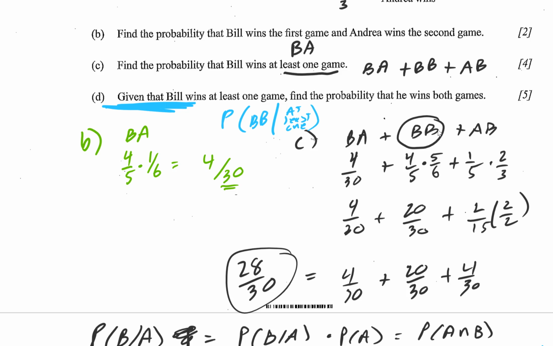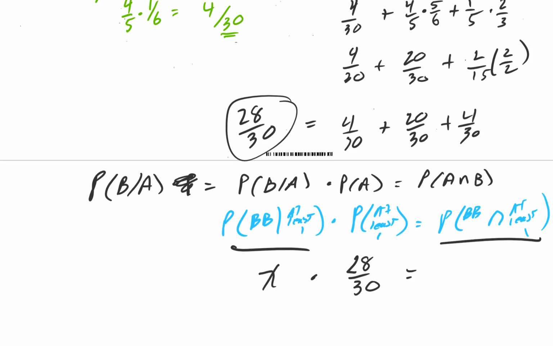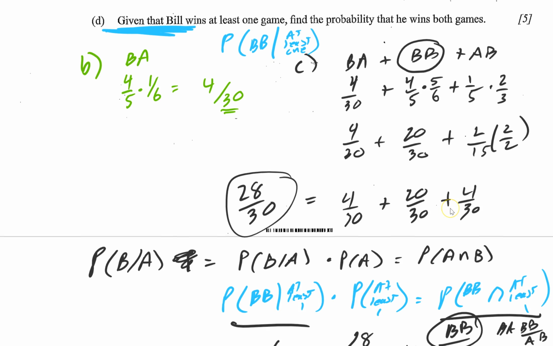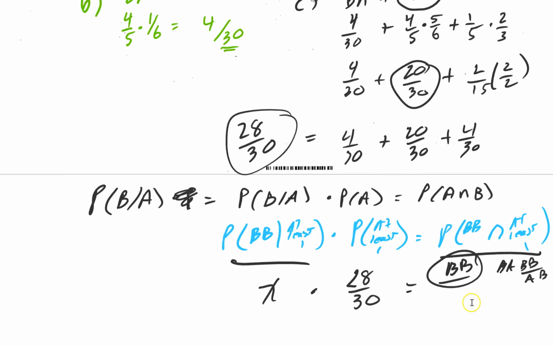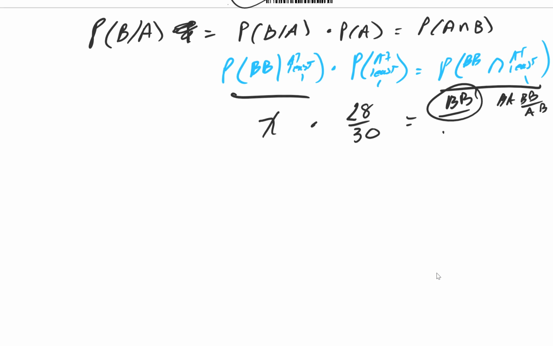Just BB. Right, this is essentially saying, what do BA, BB, and AB have in common? Only thing they have in common is probability wins both games. So this odds right here is the probability wins both games. And we actually found that already also. Probability wins both games is 20 over 30. So this should be 20 over 30.